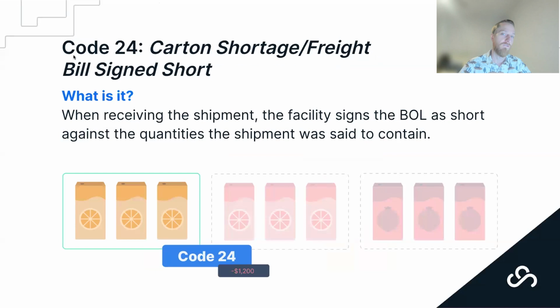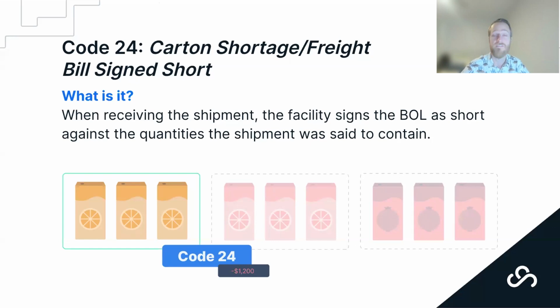Another very common code that you may see is code 24. The Walmart description is carton shortage, freight bills signed short. However, it is very similar in nature to the 22. At its most basic level, it still means that Walmart was invoiced for more units than they received. Even though this does mention the freight bill being signed short, we actually see a lot of instances where the freight bill is not necessarily signed short.